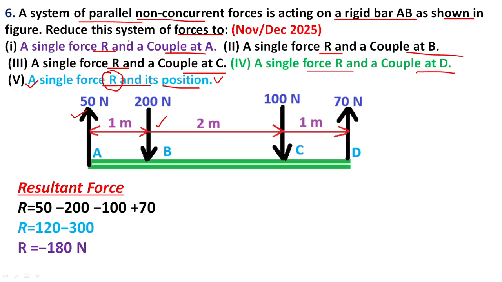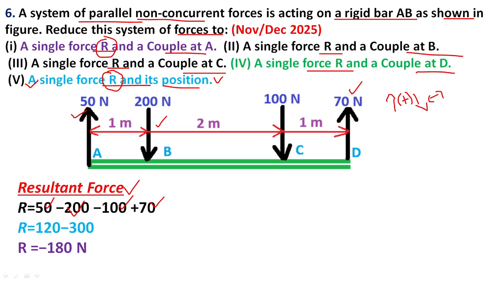First, we want to find the reaction forces, so first the resultant force. For the resultant force from the given beam, upward is positive and downward is negative. So upward is positive, so 50, downward is negative, minus 200, downward is 100, minus, upward is 70, plus 70.